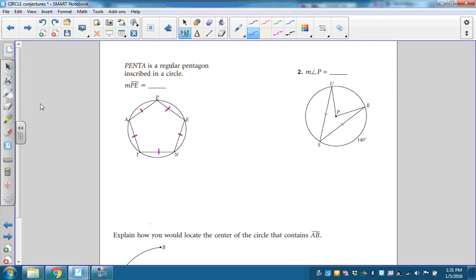So the measure of PE, well, we know would be 360 divided into 5 congruent parts. So each of those parts would be 72 degrees. And since the chords are equal, all of the other measures are 72 degrees.